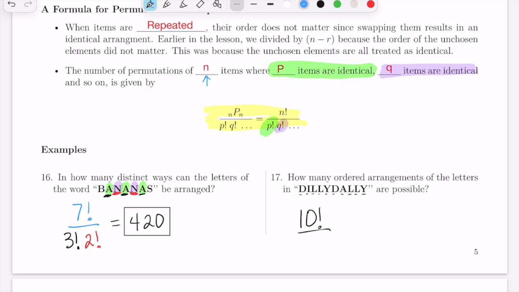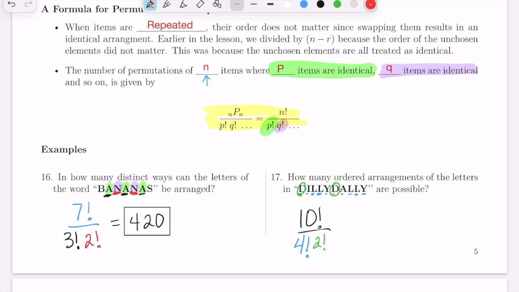Now let's go through and identify the ones that are repeated. We have an L, another L, another L, and another L. So there's 4 L's here, so I'll put a 4 factorial for all of the L's. The next thing that I'm going to notice is that I have 2 D's. So I'll put 2 factorial down there for the D's.